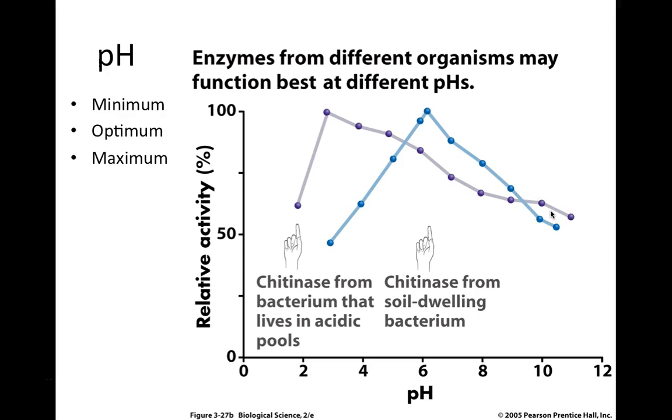So enzymes from different organisms function best at different pH and temperature based on how the organism itself has adapted to those different environments. And in fact, it's this flexibility or adaptation of these proteins that has allowed these organisms to live in these different environments.